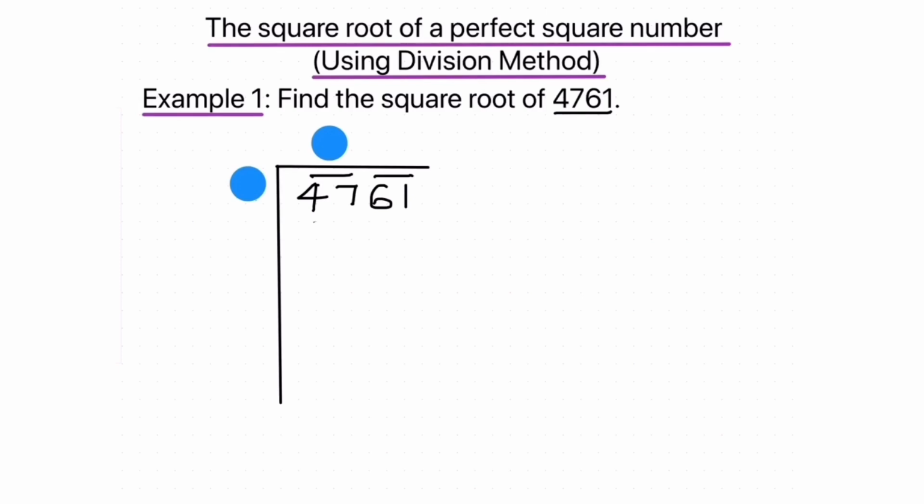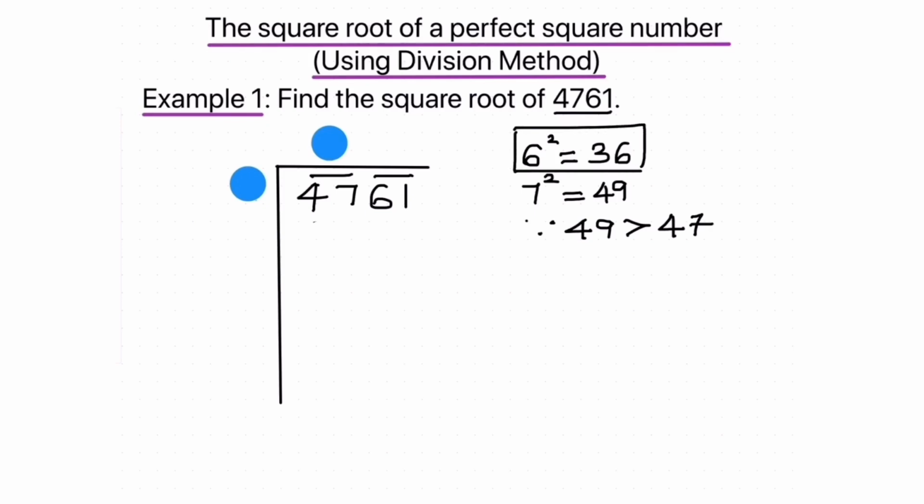We all know that 6 square is 36. 7 square is 49. Since 49 is greater than 47, which is the first pair, we will consider 6 square, which is 36.